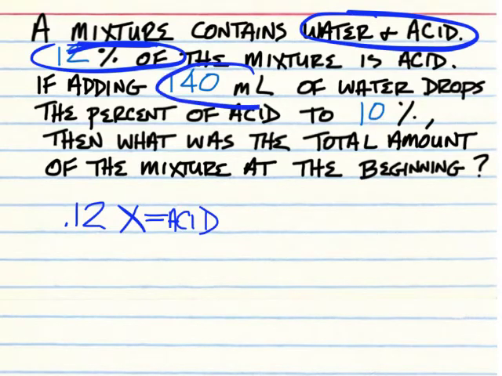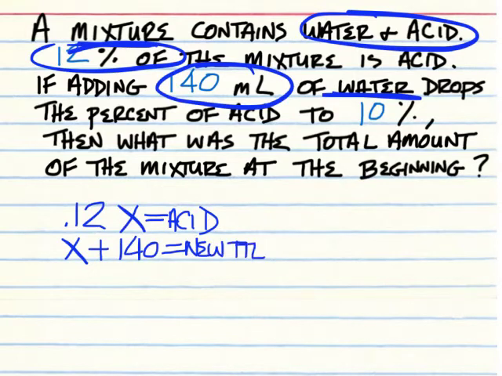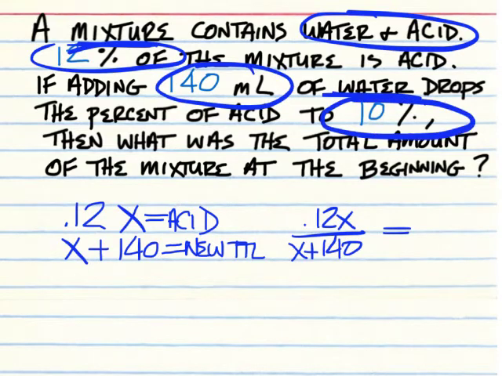And now you have to add 140 milliliters of water to the original total, which is X, so it's X plus 140, and that equals the new total. Divide 0.12x by X plus 140, and set it equal to the 10%, which is the new percent of acid, 10 over 100.